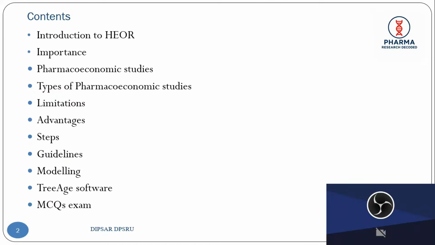What are the different types of pharmacoeconomic studies, their limitations and advantages, and what are the steps if any one of you would like to perform health economics and outcome research studies. What steps you have to take, what guidelines you have to follow, and about pharmacoeconomic modeling and TreeAge software, which is widely used for pharmacoeconomic studies.